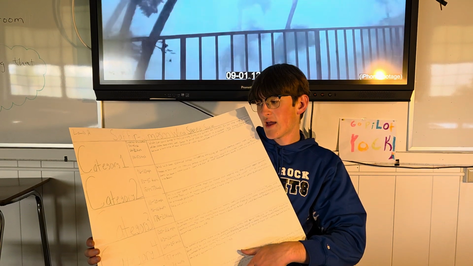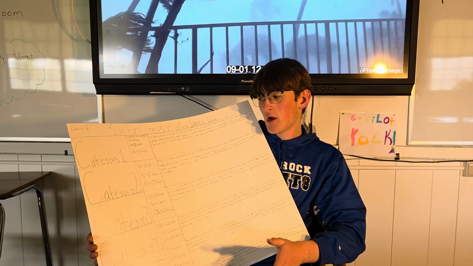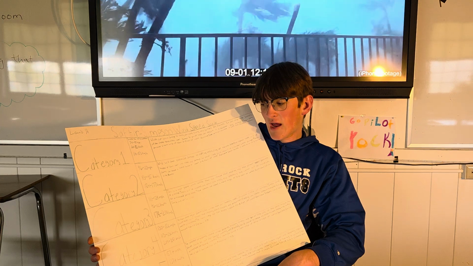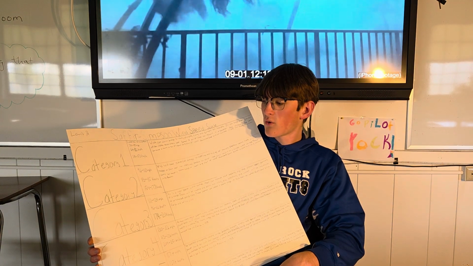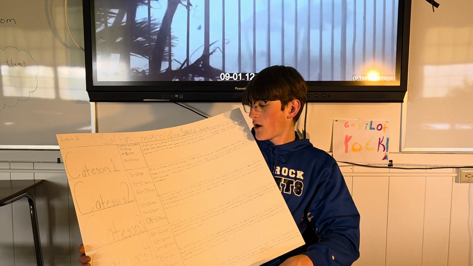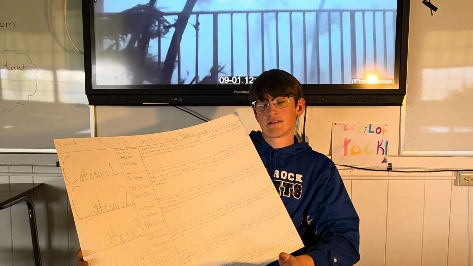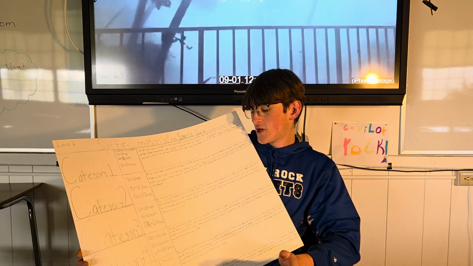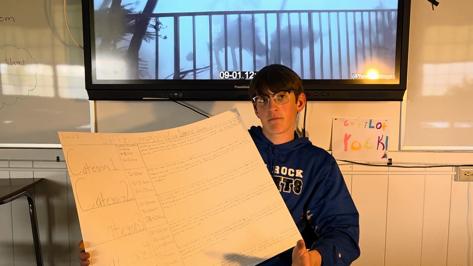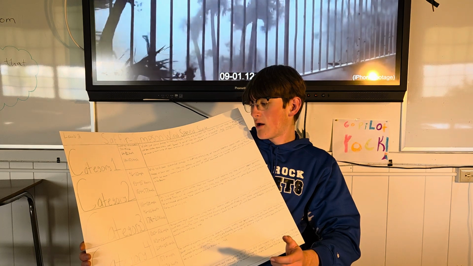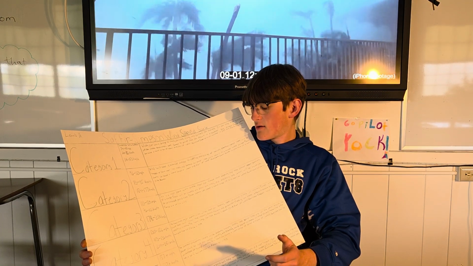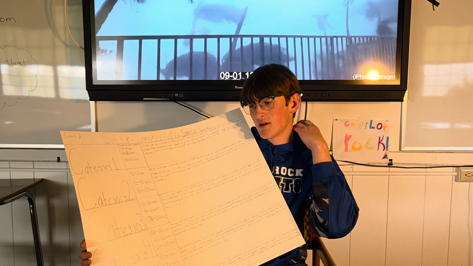Category 2 hurricanes are 96 to 110 miles per hour, with other speeds being 83 to 95 knots or 154 to 177 kilometers per hour. So this wind will cause extensive damage to the roofing and siding of a house. The shallow-rooted trees or power lines can be snapped in half, blown away, or damaged severely.